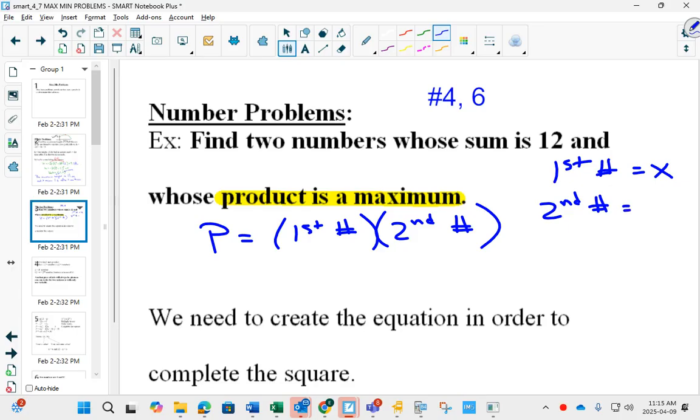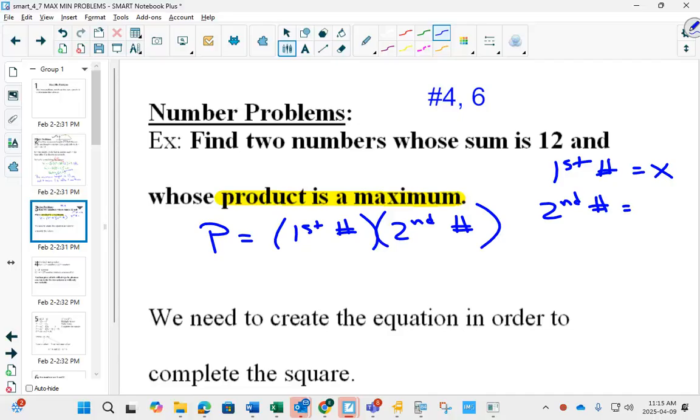So let's start with regular numbers. If one number was 7, what's the other number? 5. Perfect. If one number was 8, what's the other number? 4. How do you know that? Because they have to add up to 12. So 9 would be 3.